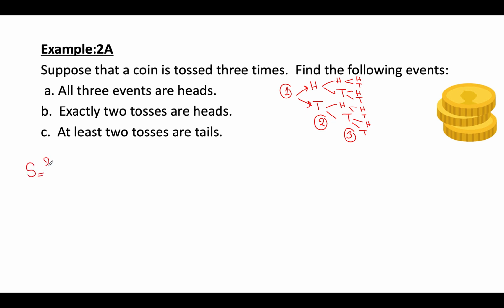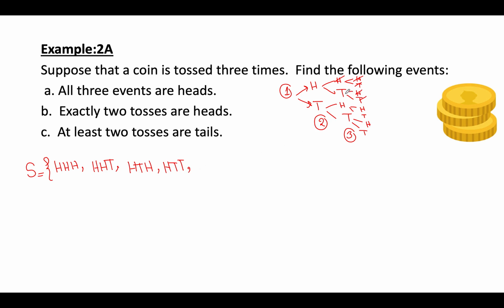Before we identify all these events, I first need to find my sample space, which is S. Here I can have head, head, head, or head, head, tail, and we finish with the first branch. Then we got either head, tail, head, or head, tail, tail.